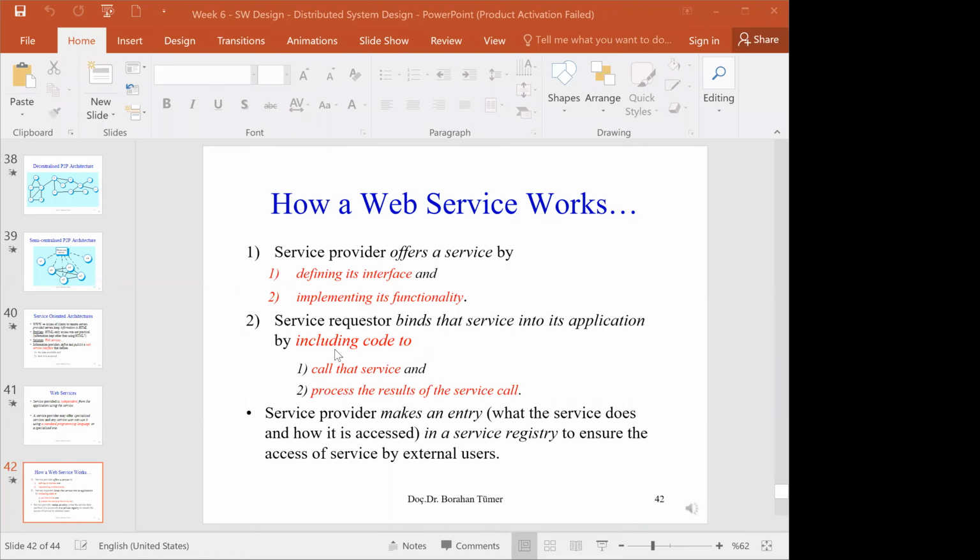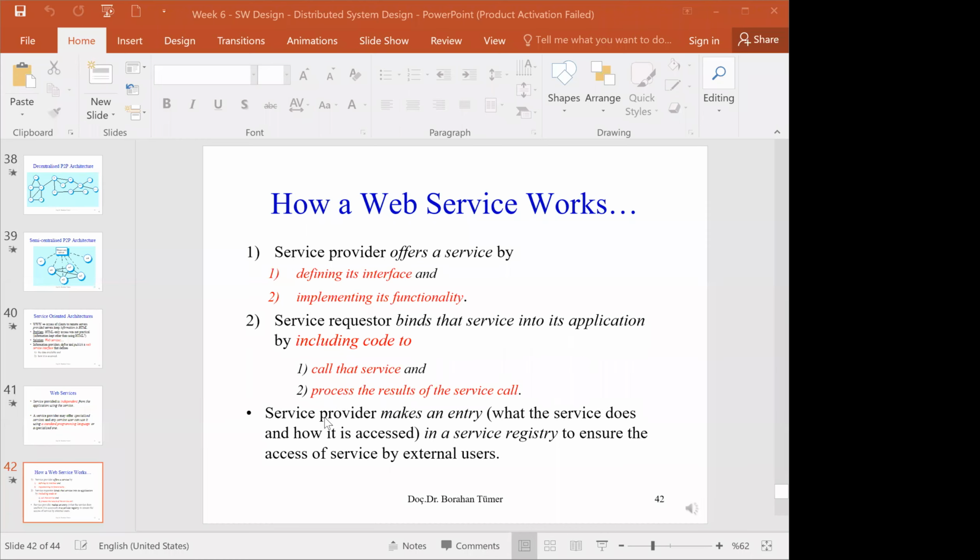So the service requester binds this service by including code to call this service, and whatever this service provides is handled in its functionality. And once the service provider does its job, the results are taken by the requester and processed accordingly.